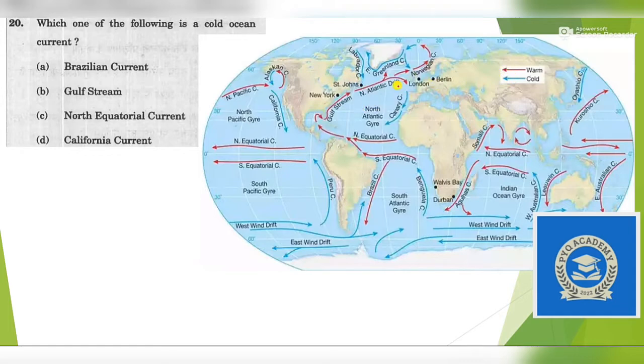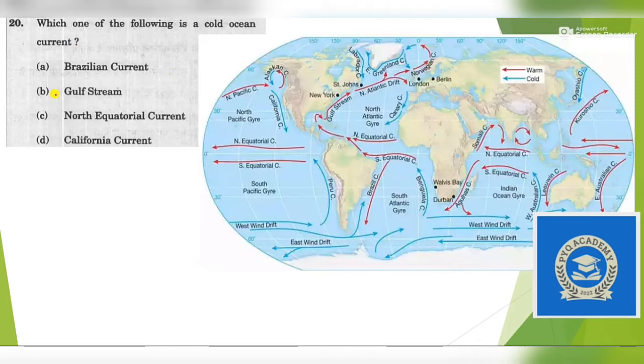The ones in red are the warm currents and the other ones are cold currents. The logic is that all the currents coming from the tropical waters are warm currents because there is more heat in the tropical region, and the currents coming from the polar region are the cold currents.